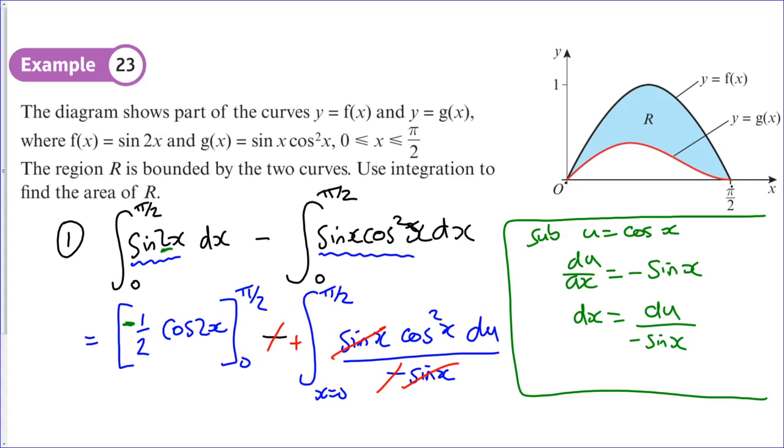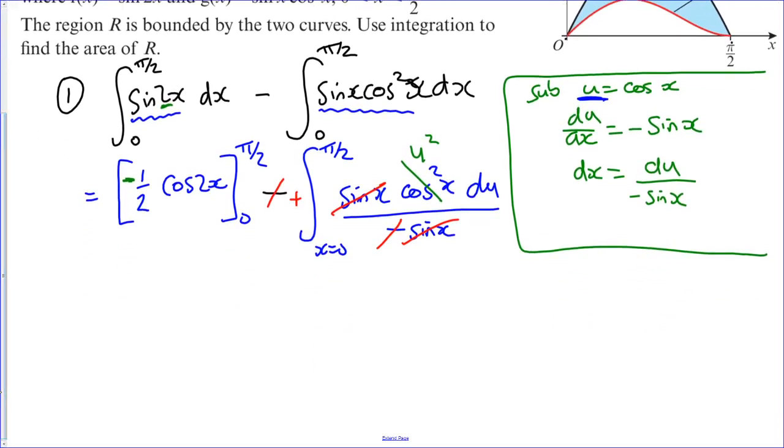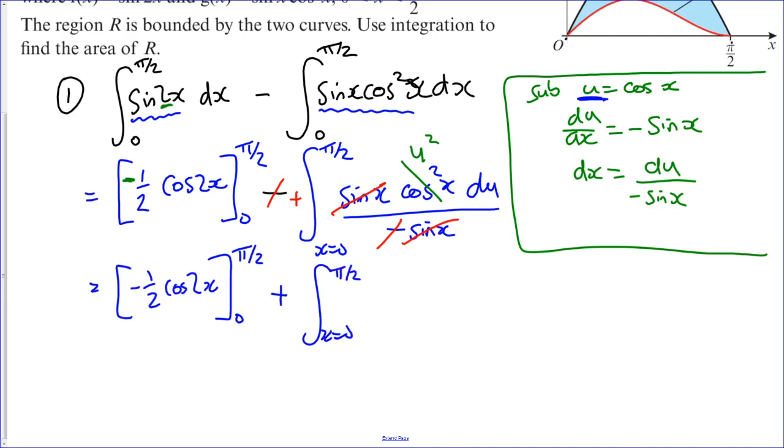We can now, going back to our definition of u equals cos x, replace this with a u squared. So we have minus a half cos 2x between 0 and pi by 2 plus the integral from x equals 0 to pi by 2 of u squared du.